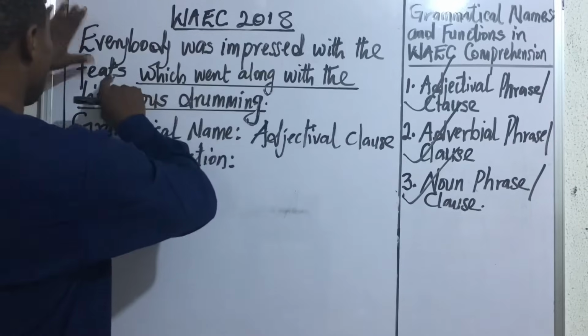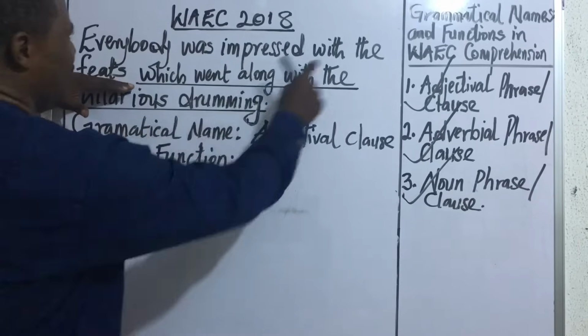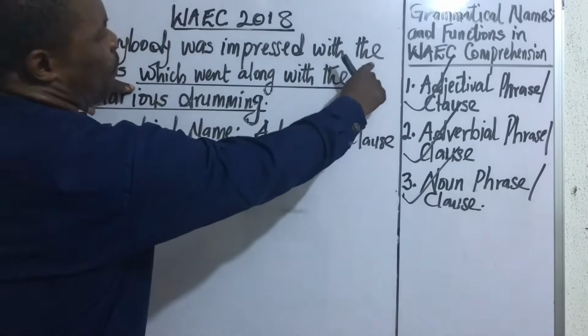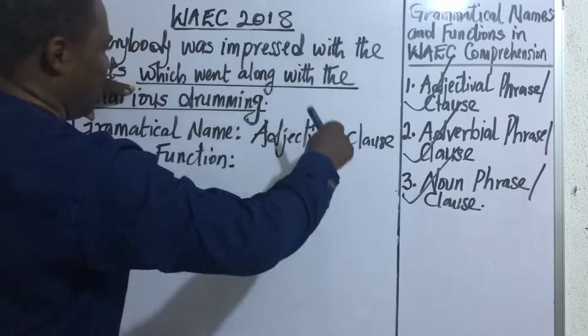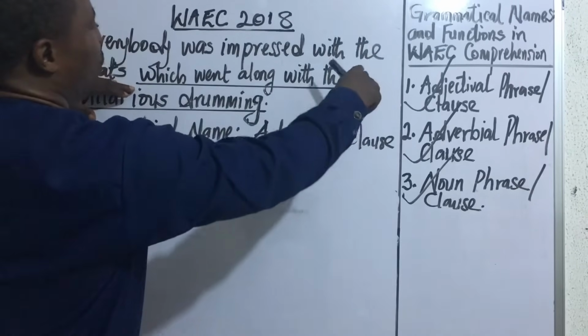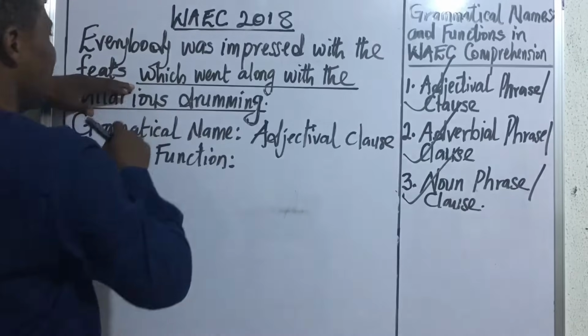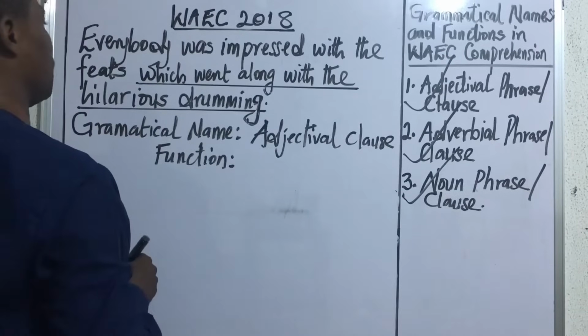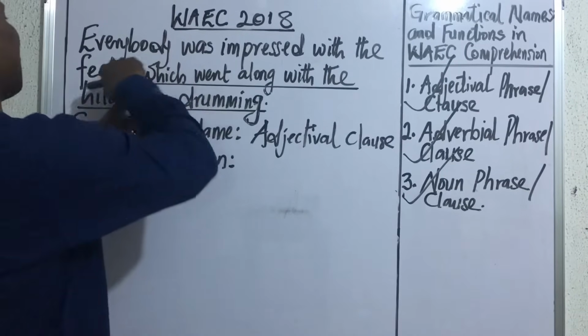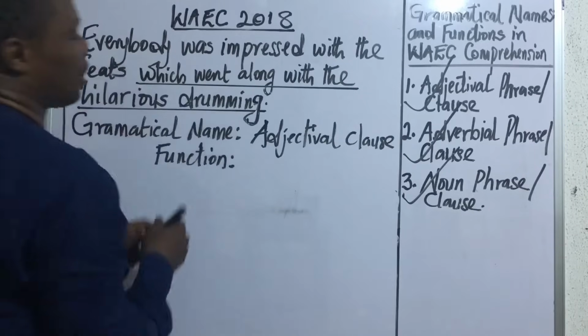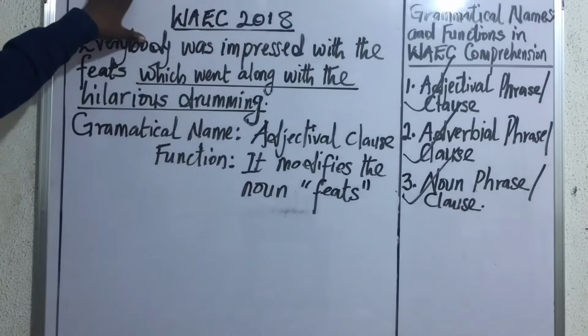If you don't know the meaning of "feats" per se, if a word is premodified by "the", it is a noun. So automatically, you're going to say that it modifies the noun "feats". So that is that on WAEC 2018.